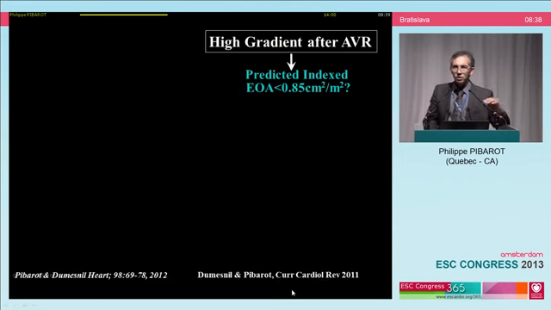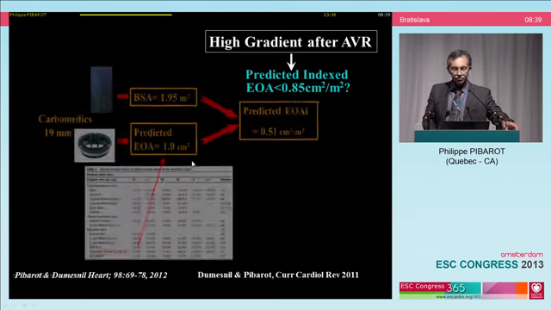And I will present you the algorithm that we like to use when we are confronted with high gradient after aortic valve replacement. In fact, this algorithm is a compendium of the algorithm of the guidelines and other algorithms that have been presented in the literature. What we find quite useful in the first step of this algorithm is to calculate the predicted indexed effective orifice area.